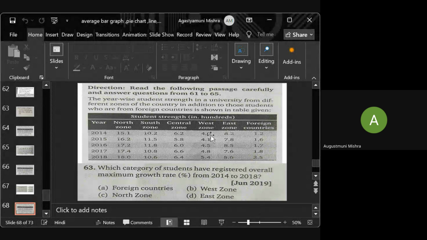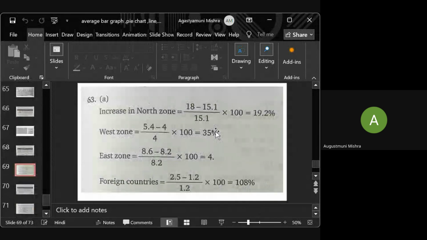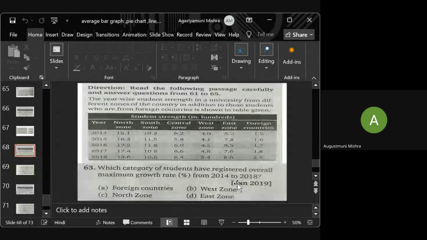Now I'm going to change the slide. 2 minutes over. So foreign countries is 108%. Wait for a second. Maybe there is some issue. Okay, here is the answer A.